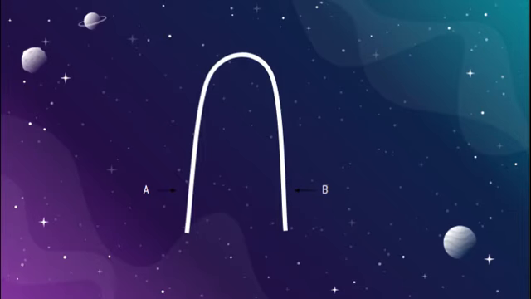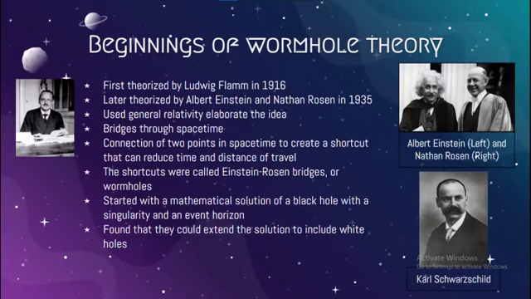Since we now have an understanding of what a wormhole is, let's go back and discuss how the idea was originally introduced and some of the theories that were created based off it. The idea of a wormhole was first introduced by an Austrian physicist named Ludwig Flamm.